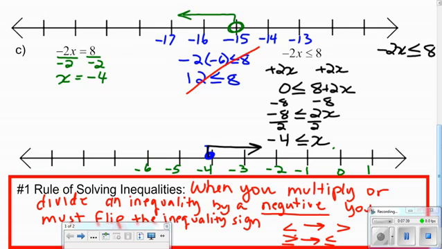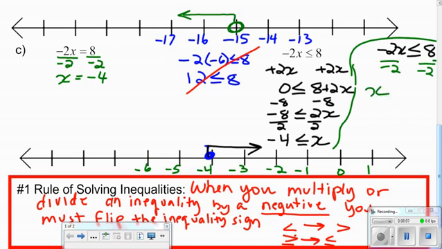The other way we can do it, and I know I haven't given you space, is -2x. Okay? We can divide both sides by -2. So we're going to divide both sides by -2, and we are going to flip the inequality sign.